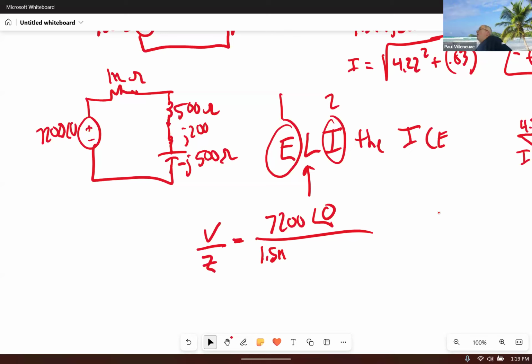I've got a J200 and a minus J500. I just add those together, including the sign changes. And there's nothing wrong with adding that negative value. So it looks like I'm subtracting them, but I am in fact adding them. So J200 minus J500 is negative J300.